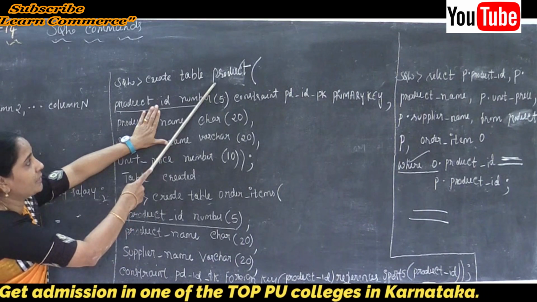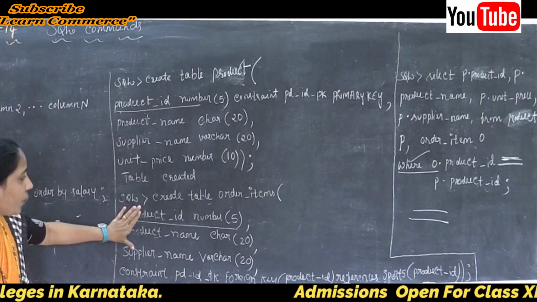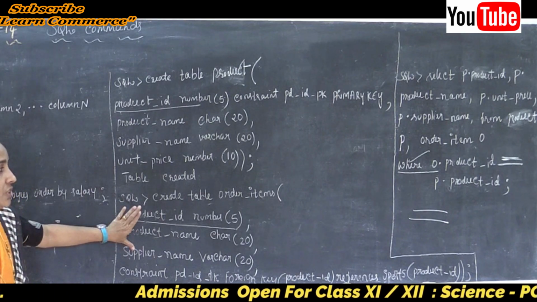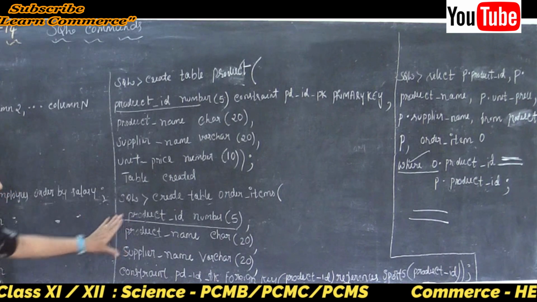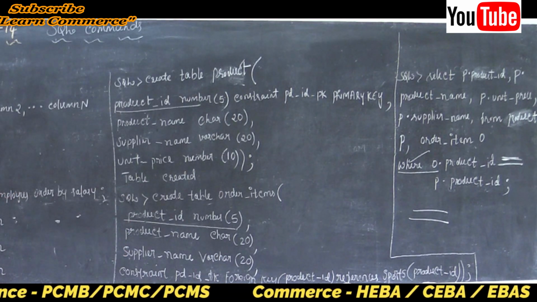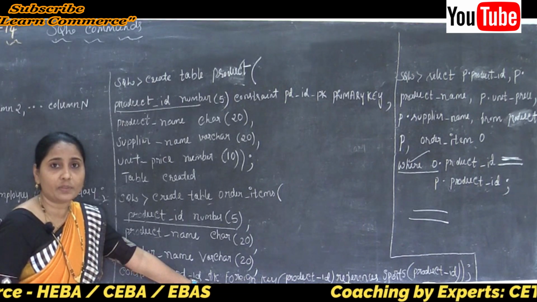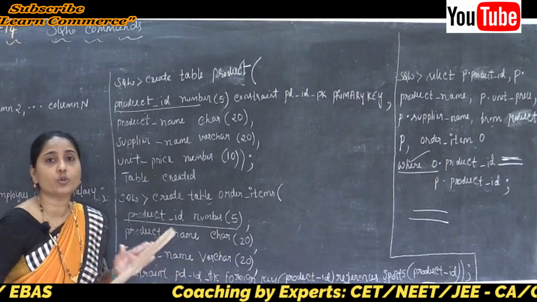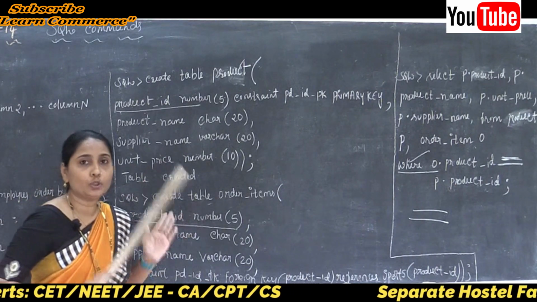The table name is product, and it has some columns, and I also created another table. The next table name is order underscore item, and it also has some columns. In table order underscore item, I later used some foreign key syntax, because I want to refer from one table to another table, and I need to join the tables.